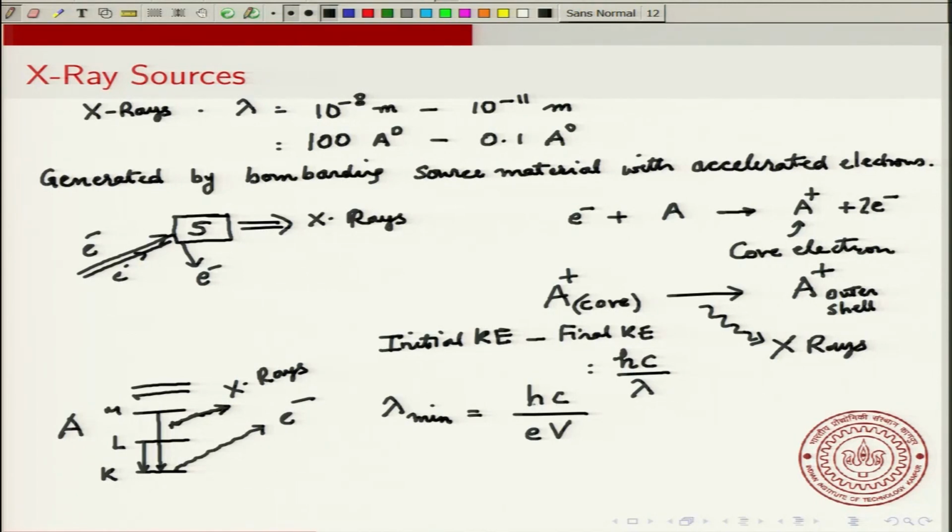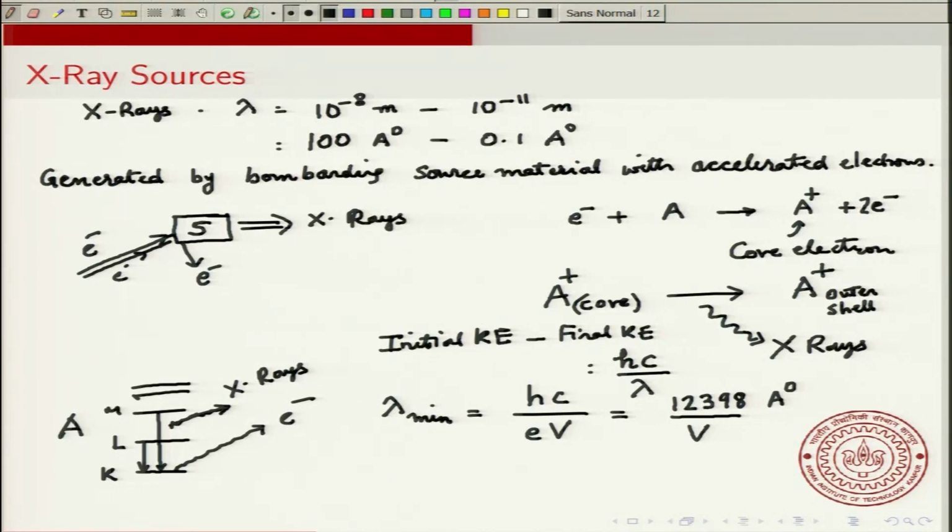Now we see that h is Planck's constant, c is the speed of light, and E is the charge of an electron. These three are fundamental numbers. So we can write this lambda min in terms of V, and this number, if you calculate, comes to 12398 angstroms divided by V. So basically the minimum wavelength of the X-ray can be calculated using this expression.